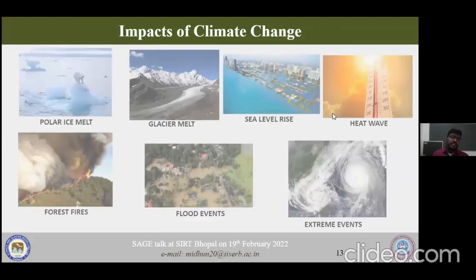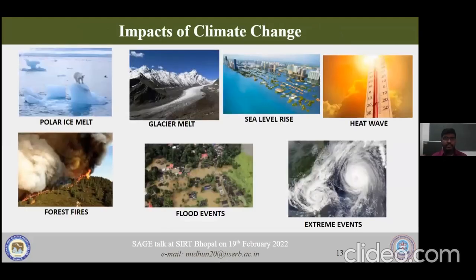This climate change will cause various issues like polar ice melt, glacier melt, sea level rise, heat waves, forest fires, flood events, and extreme events. Each of these has its impacts, right?